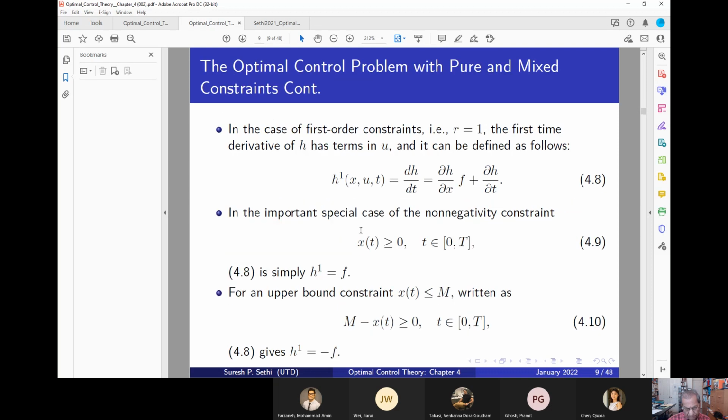For that constraint, h1 is simply f, because h1 is x dot, and x dot is just f. We can also have constraints of this kind in our literature, where x(t) is less than or equal to M. But in that case, h1 is minus f. But that's general, okay? That allows this.